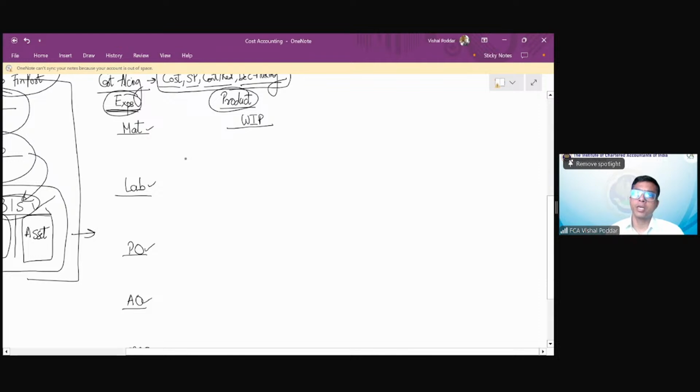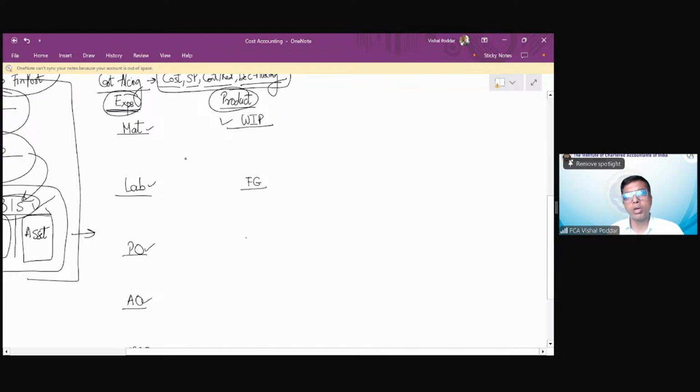Now remember, all these are the accounts related to one product. So for every product, I'll have these 3 accounts. First, till the product is under production, it is called WIP. Once the production is complete and the product goes to the stores, it becomes finished goods. You have the finished goods account.